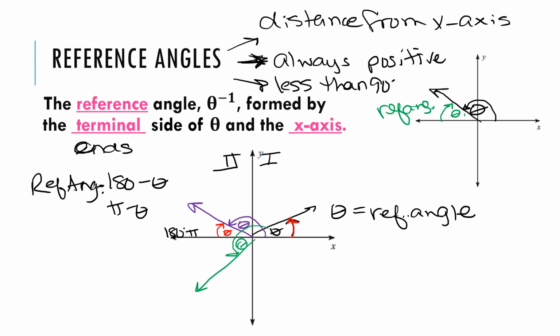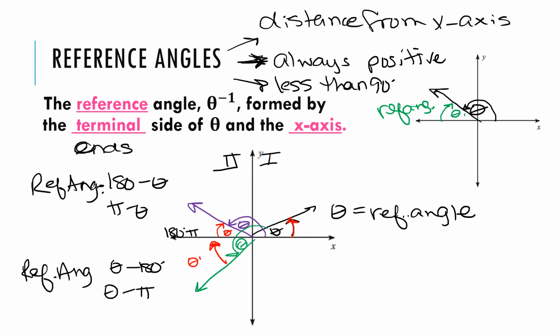My distance back to the x-axis, I've gone a little bit past, so there's my reference angle. So in quadrant 3, we have to take the original angle that we were given and subtract 180 degrees, or subtract pi if it's in radians.